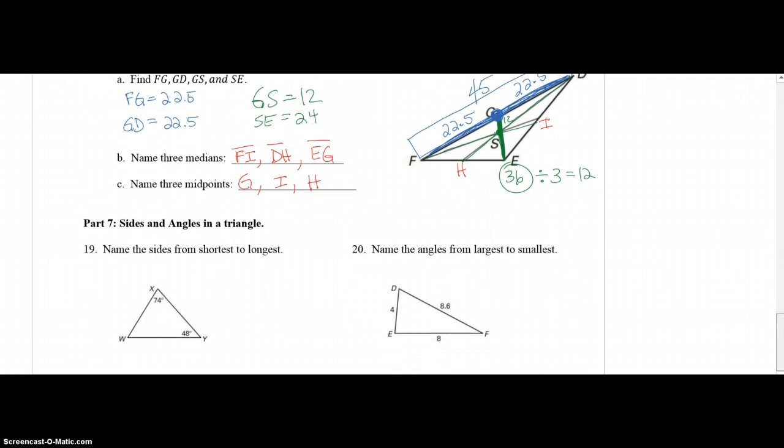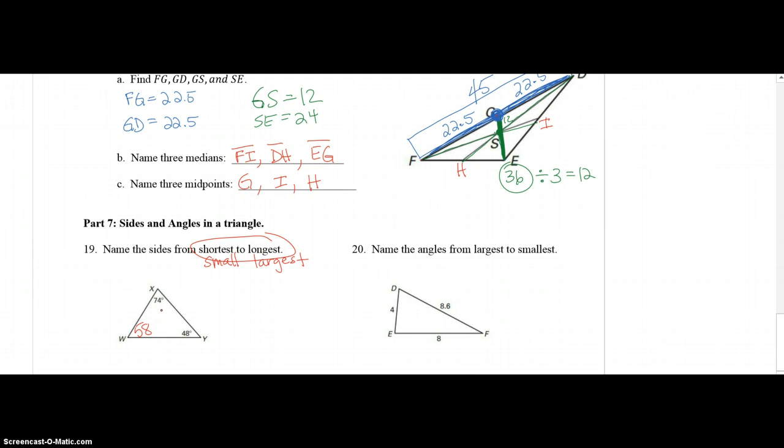Okay. Finally, part number 7, for number 19 we are listing the sides from shortest to longest. Short sides are across from small angles, and long sides are across from the largest angle. First we need to know what this other angle measure is. If there are 180 degrees in a triangle, we take 180 minus 74 minus 48, and we see that this is 58 degrees.